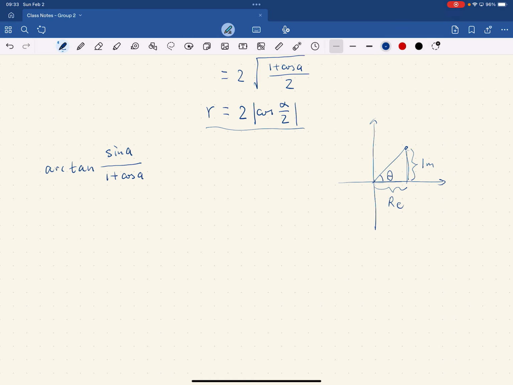So now when we have arctan sine A over 1 plus cosine A, this is also something that we should be familiar with, right? If it doesn't ring a bell, the next time you learn trig, pay attention to it. When you see this, sometimes you don't think it is important.